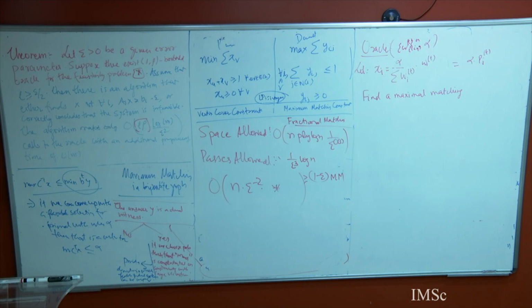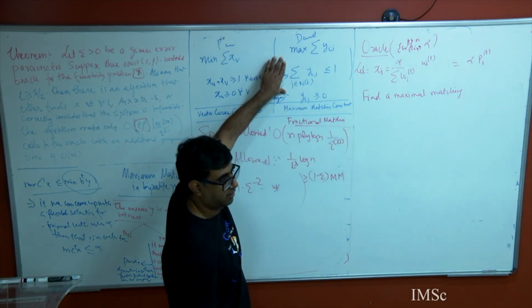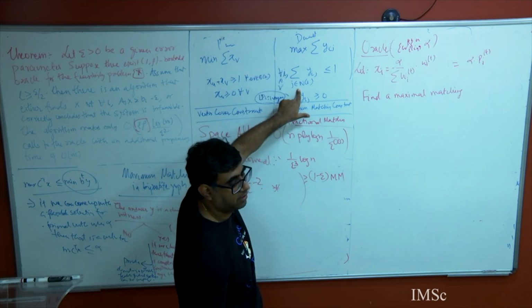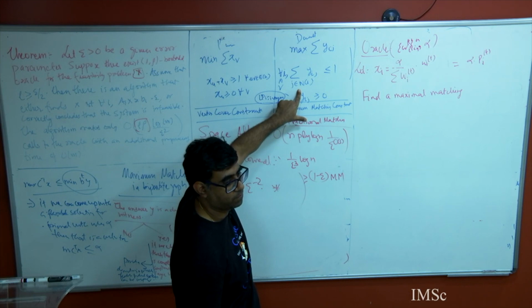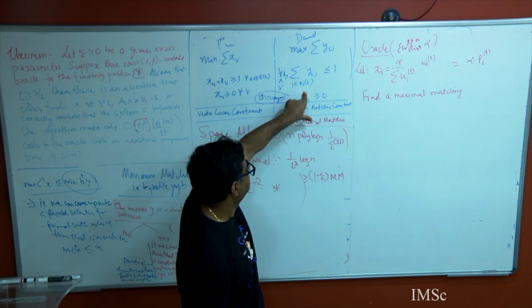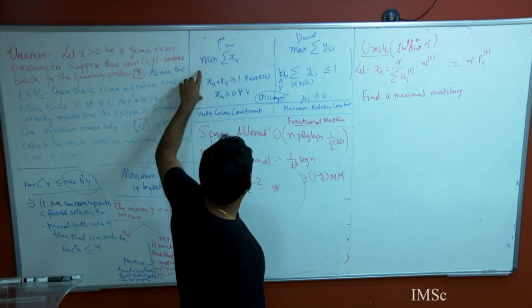What are the violated constraints here? Which constraints are violated? Why are they violated? Whatever it is, some things are violated here, right? A constraint which is violated will correspond to what? It is less than or equal to 1, right? Sure. So what will that correspond to here?